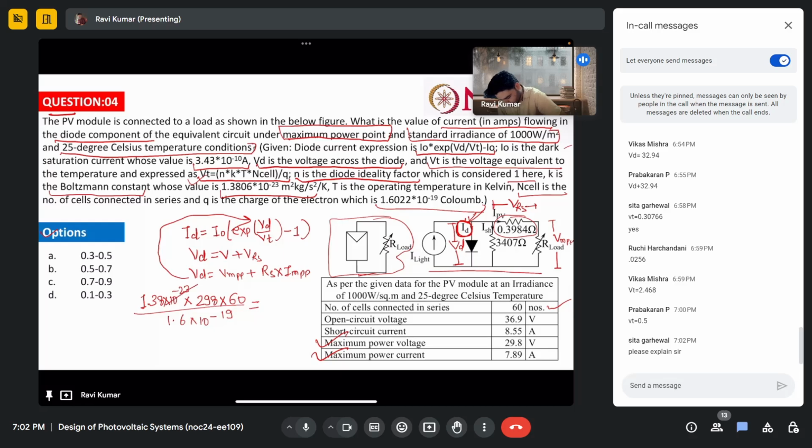If we just cut this out, it is like this, into 10 to the minus 4, then 1.38 into 60 into 298 divided by 1.6.